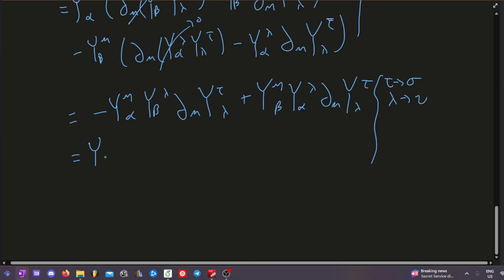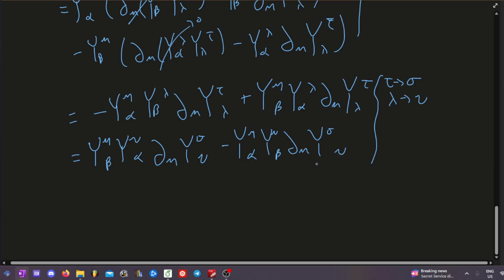So we get y mu beta, put the positive term first, y nu alpha del mu y sigma nu, minus y mu alpha y nu beta del mu y sigma nu.